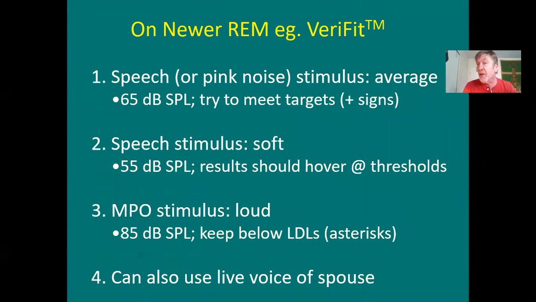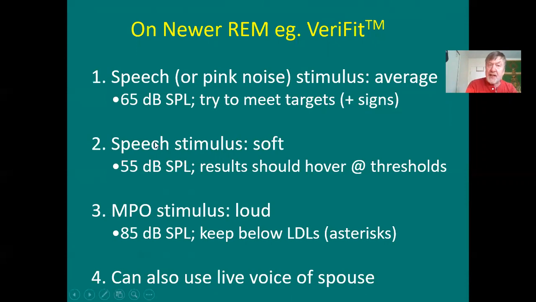On newer real ear measurement equipment, don't worry about VeriFit because that's barely made anymore. Basically, you've got speech or pink noise meant to imitate the spectrum of speech, and it's going to be the average input of 65 dBSPL. You try to meet your targets, shown by the plus signs, and those are usually about a third above your thresholds.